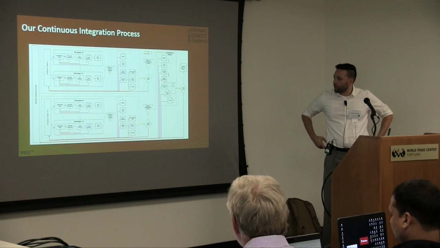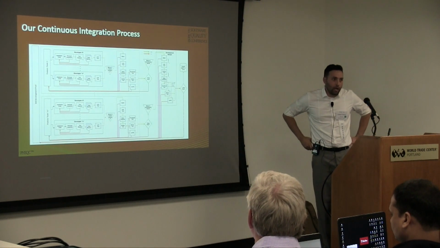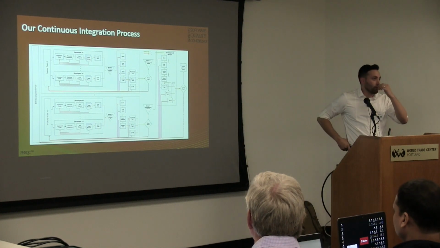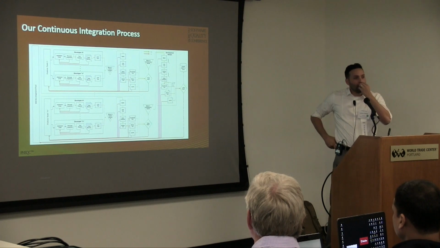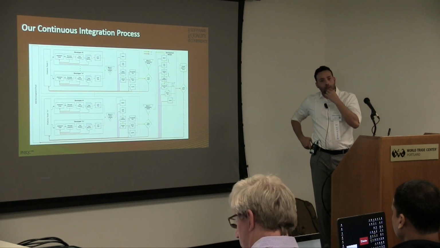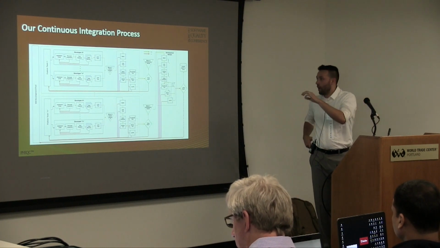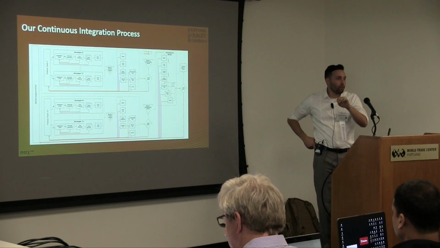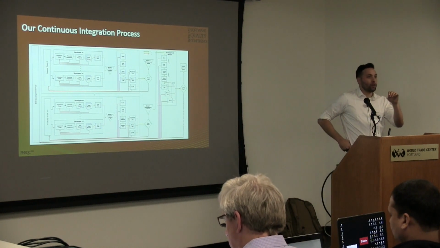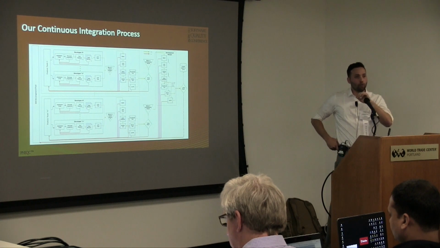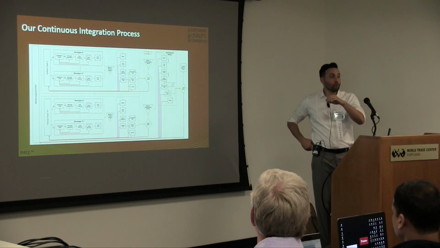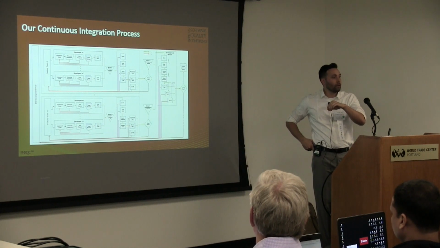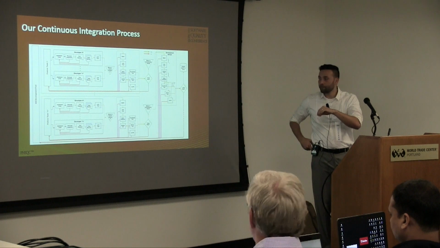So this is a big, nasty diagram that describes how we did continuous integration. There are a lot of pathways, a lot of conditional statements, a lot of blocks in here. This describes all the way from the individual developer, how they work on and test their code individually, up into team review, how this works into things like feature streams, and eventually how they contribute to the larger product on the whole.